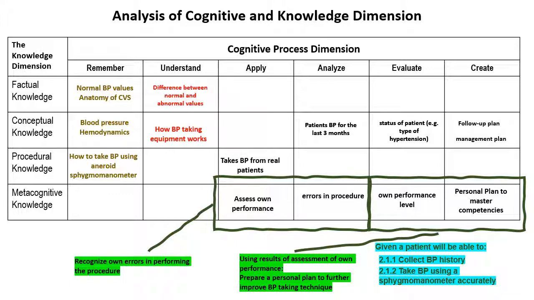Take note that the items here are not necessarily exhaustive and are only used for illustration purposes and should not be considered as a complete listing of outcomes related, for example, to the topic on managing patient with hypertension. This is all for now.